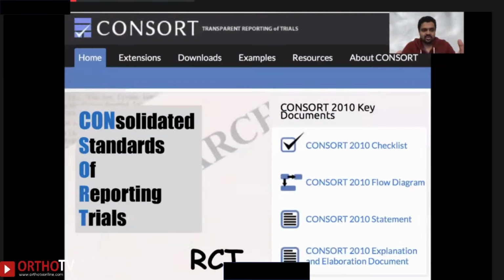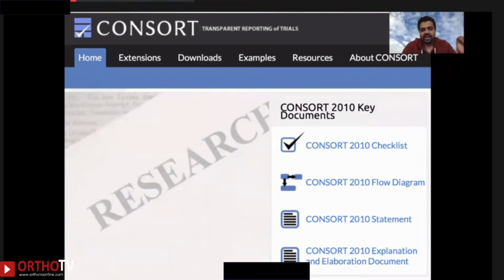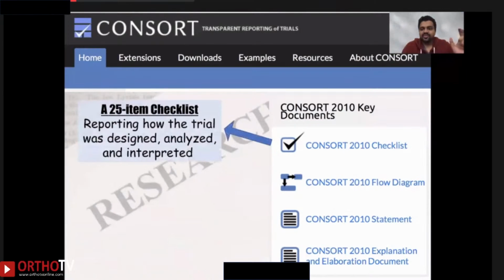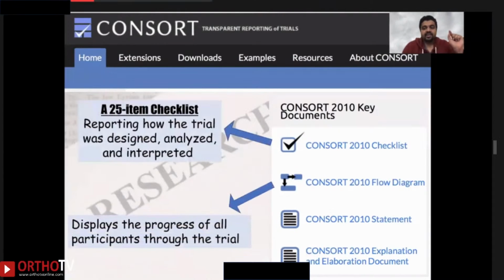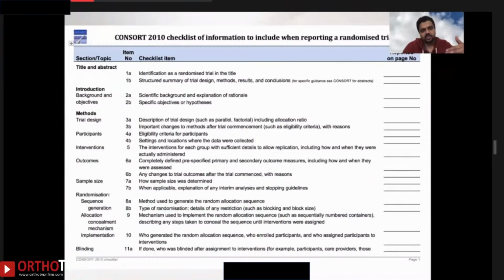For example, a randomized controlled trial has the CONSORT document, which is the Consolidated Standards of Reporting Trials. It has a checklist and a flow diagram: a 25-item checklist of what should be included in reporting, and a flow diagram which shows the progress of all the participants through the trial.